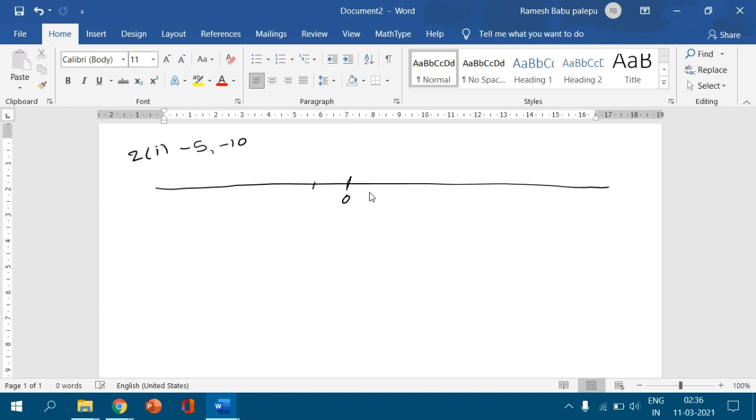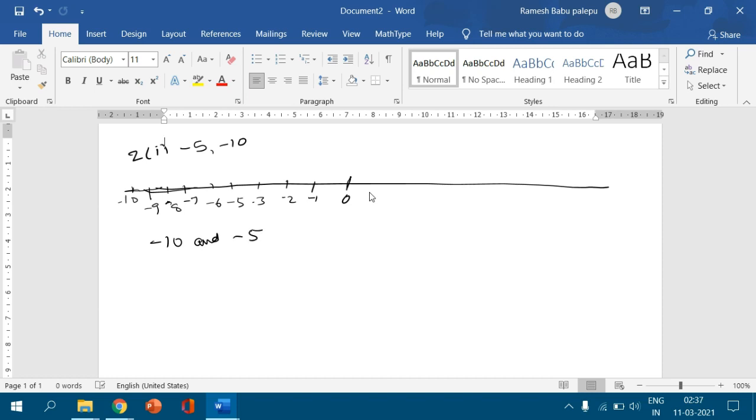So this is -1, this is -2, this is -3, and somewhere this is -5 and -6, and we go on to -7, -8, and here -9 and -10. So we are going to write the values between -10 and -5.